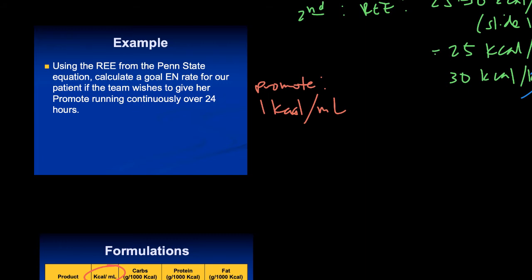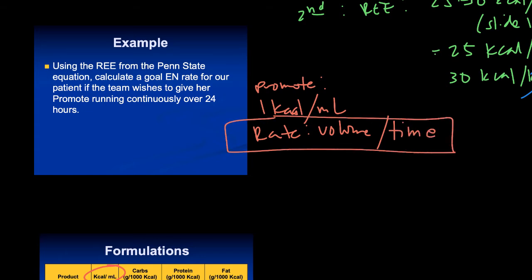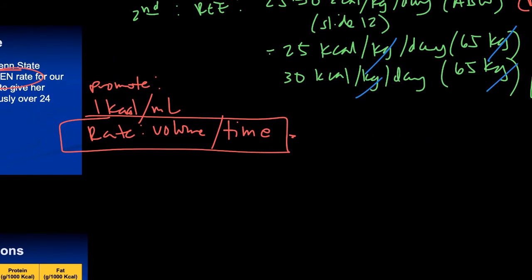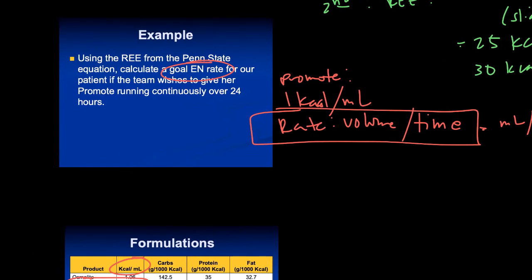And you know your rate is always volume over time. You're trying to solve for a rate. So that can be milliliters per minute, for example, or milliliters per hour. Here, we want the units to be rate over 24 hours.